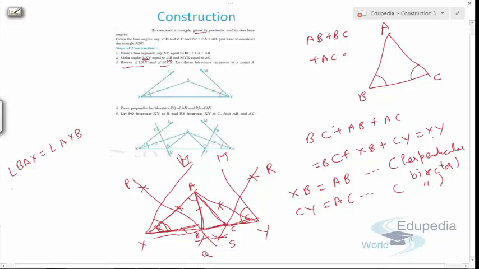Then similarly we can say that angle ABC is equal to angle BAX plus angle AXB, right? Means angle ABC equals this angle plus this angle, because the exterior angle equals the sum of the interior opposite angles.